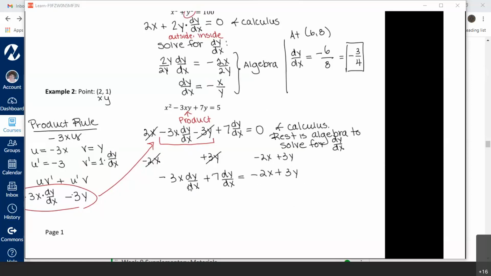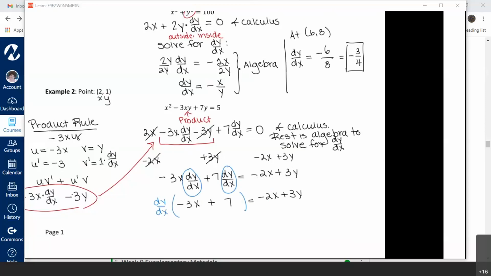Now what you want to notice is each of these two terms on the left have the common factor dy/dx. So we're going to factor it out. And what that's going to give us is negative 3x plus 7, multiplied by dy/dx.